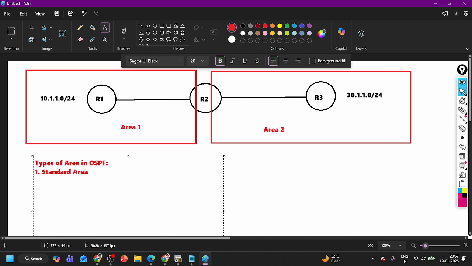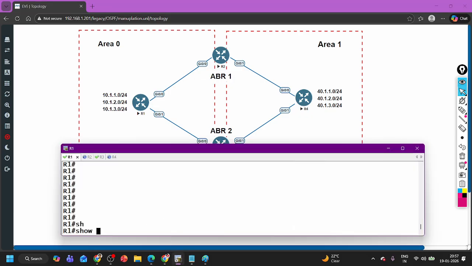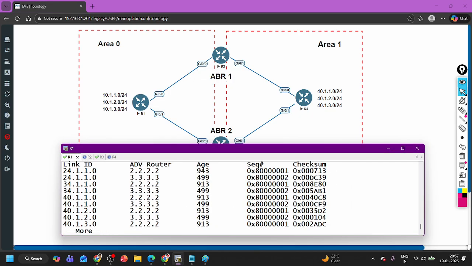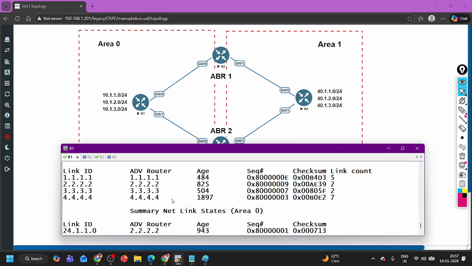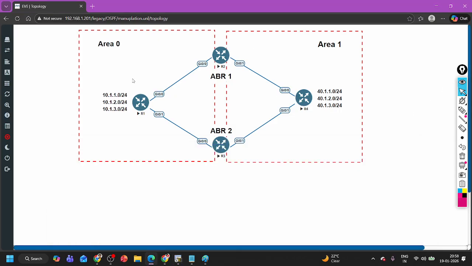You know why we came up with the area concept in OSPF? We came up with the area concept in OSPF to reduce the database size. See here, I have only 4 routers and 3 prefixes in area 1 and 3 prefixes in area 0. If I show the database of R1, with show ip ospf database, here you can see the size of the database. If we have lots of prefixes within the area, then the size of the database is going to be large.